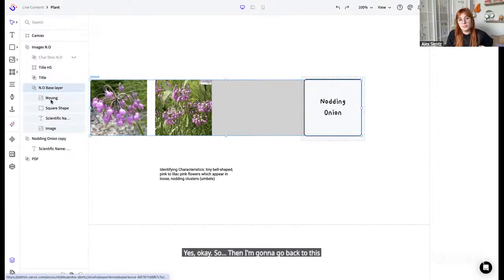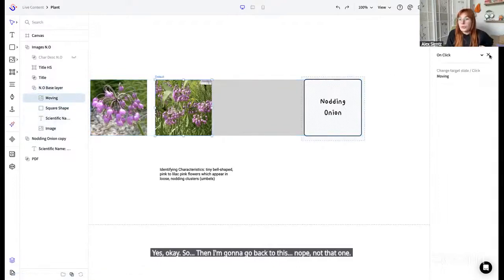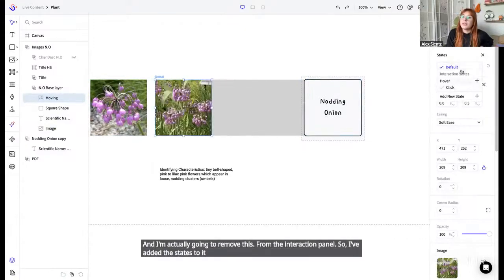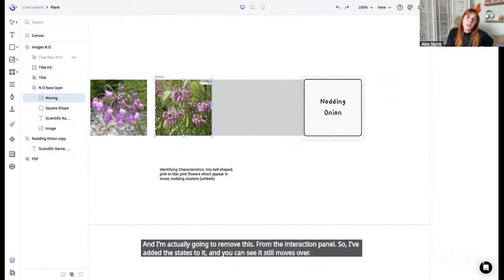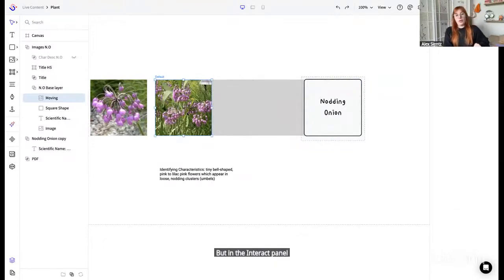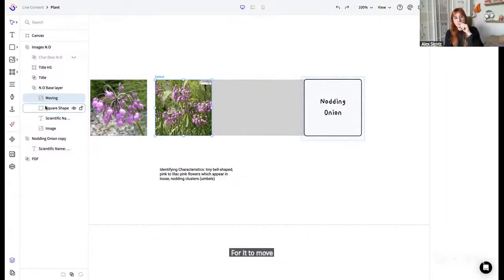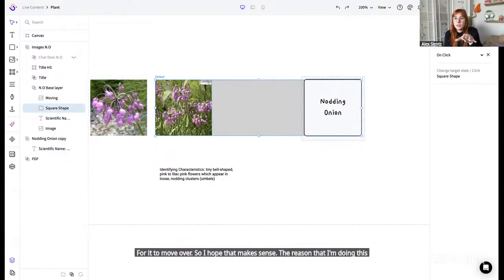Okay. So then I'm going to go back to this. Nope, not that one. And I'm actually going to remove this from the interaction panel. So I've added the states to it and you can see it still moves over. But in the interaction panel, now if I were to click on the image itself, it won't move over. So this hotspot has to be clicked for it to move over. So I hope that makes sense. The reason that I'm doing this, I can show you.